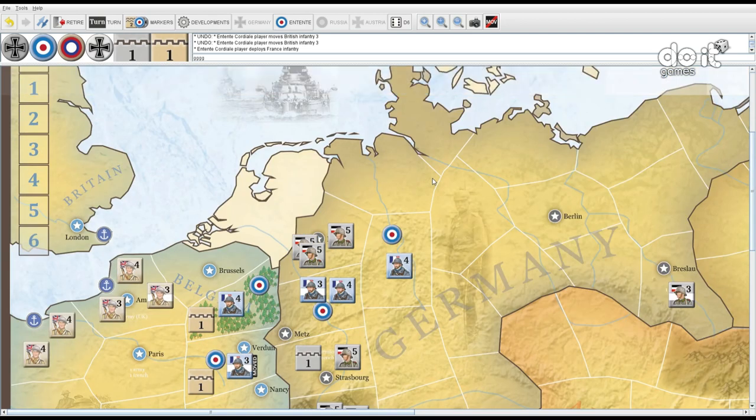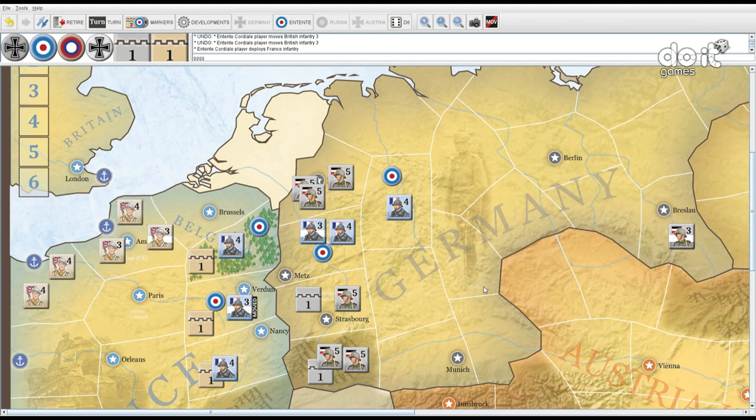Okay, when you move one army, you can do two kinds of movement: tactical and strategic, like many other games. If you activate one army to do a tactical movement, you can move up to 4 areas. But you have to consider that entering a non-controlled area costs twice. For example, imagine that I have that army here.